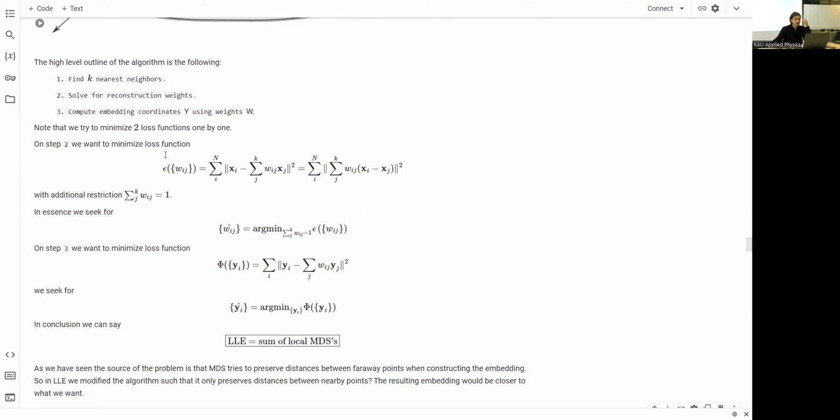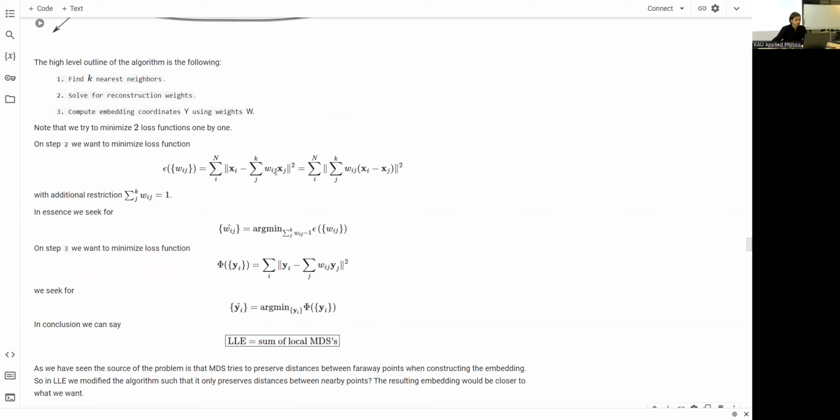Now we have to minimize, let's say, basically 2 loss functions instead of 1. But anyway, that works. On step 2, if we are solving for reconstruction weights, so here is what we have. So here's our central point, xi. These are xj, these are the points from that small patch that we have taken from the manifold.